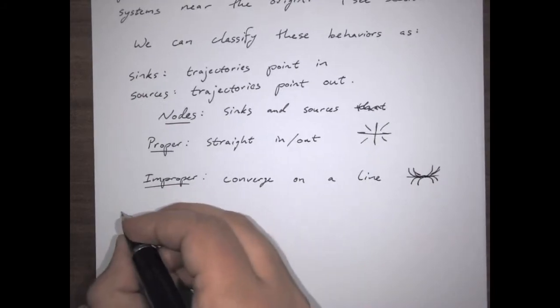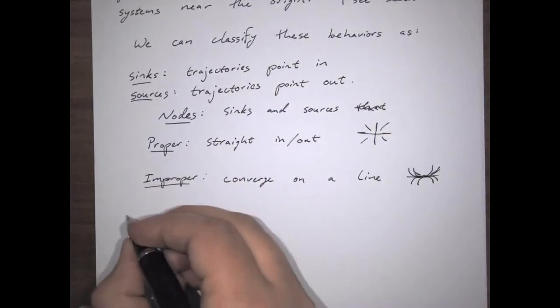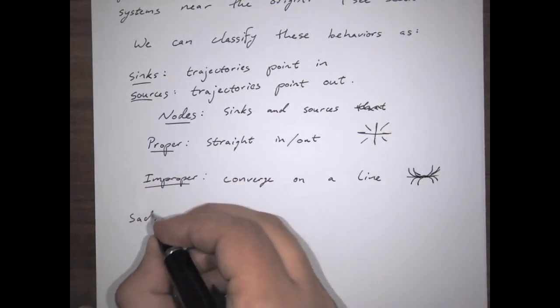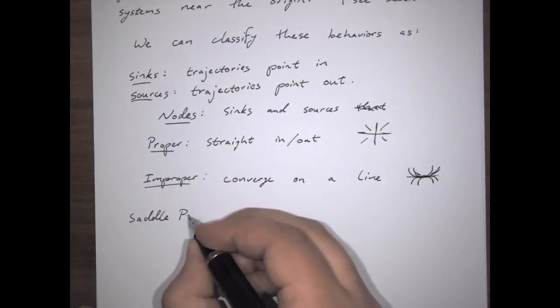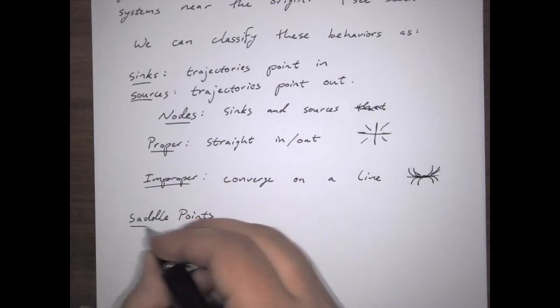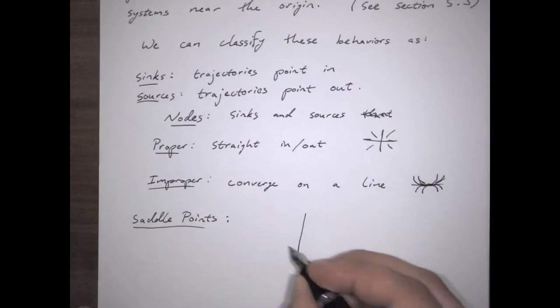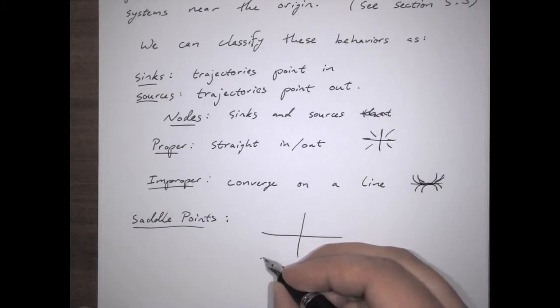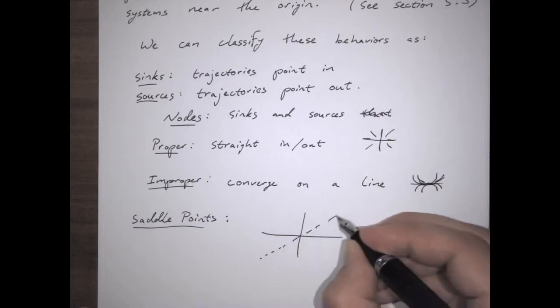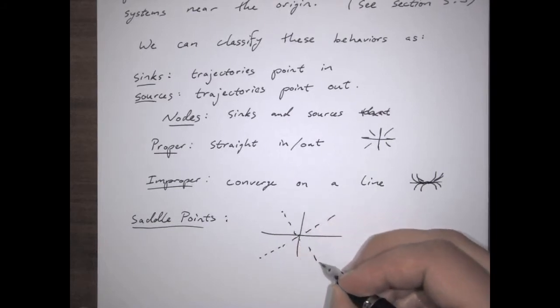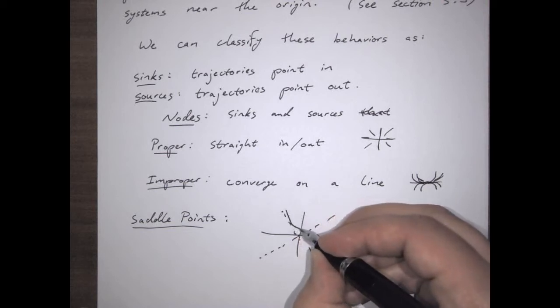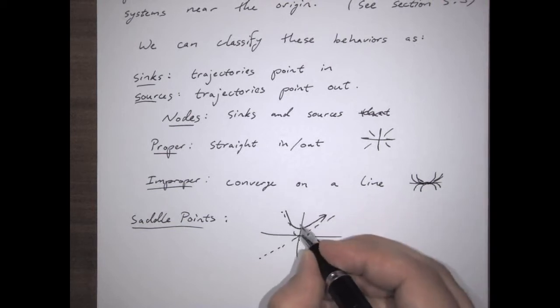And then we can also have saddle points. The easiest way to see that is just to draw it. So let's say we have an eigenvector going that way, an eigenvector going that way, and then it goes in along one, out along the other.